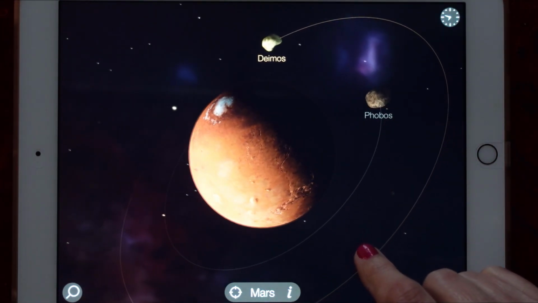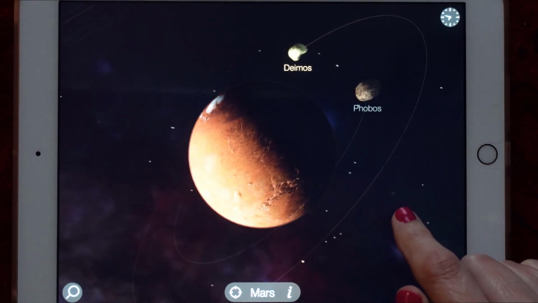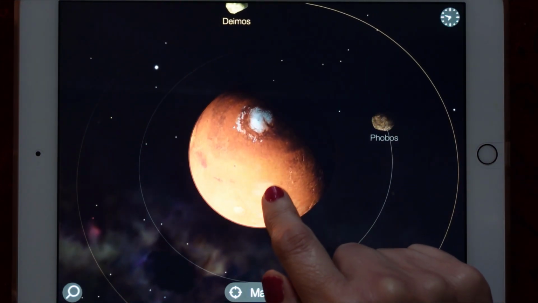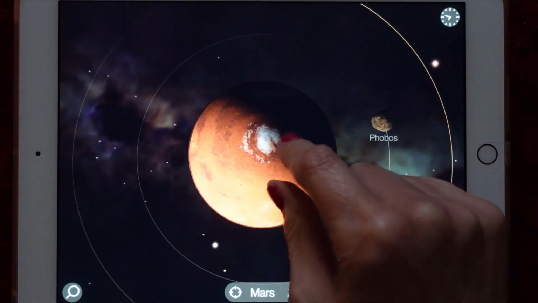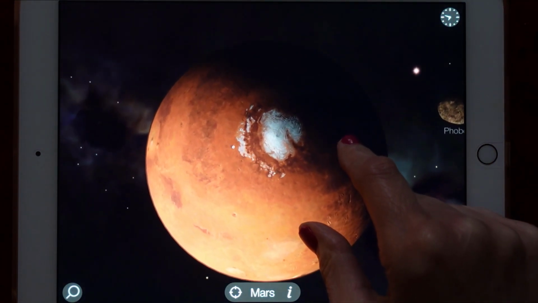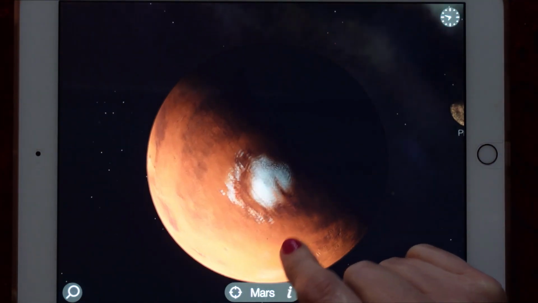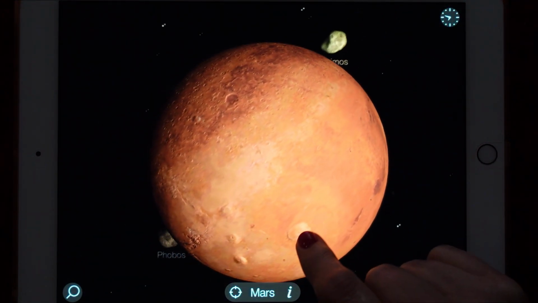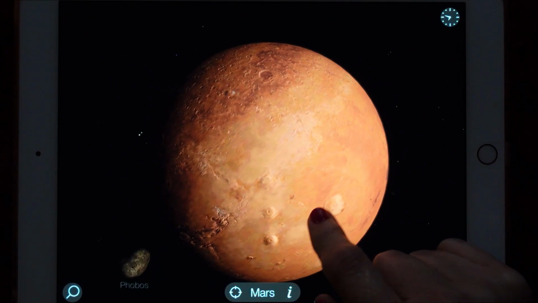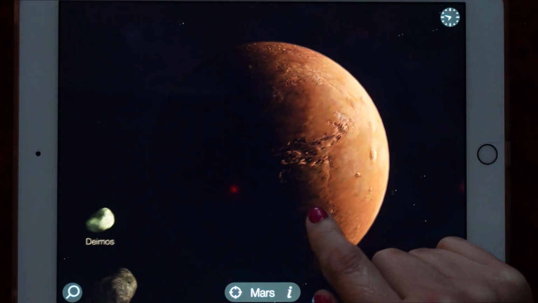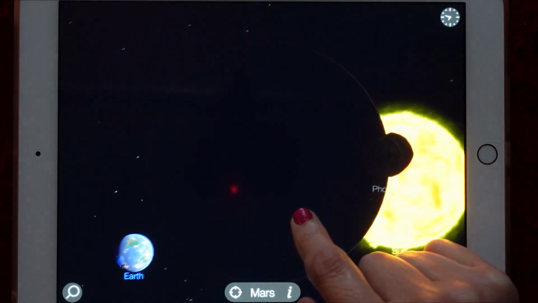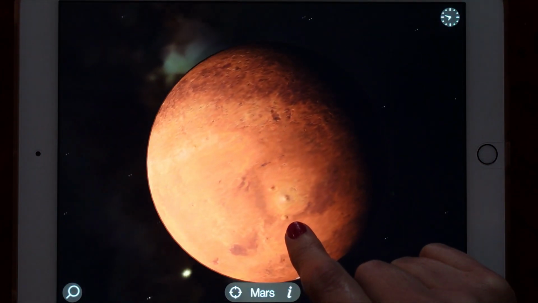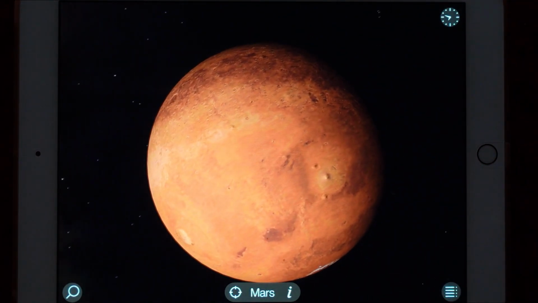Phobos and Deimos. There is the great spot of Mars, the red planet. Okay, let's find out more about Mars.